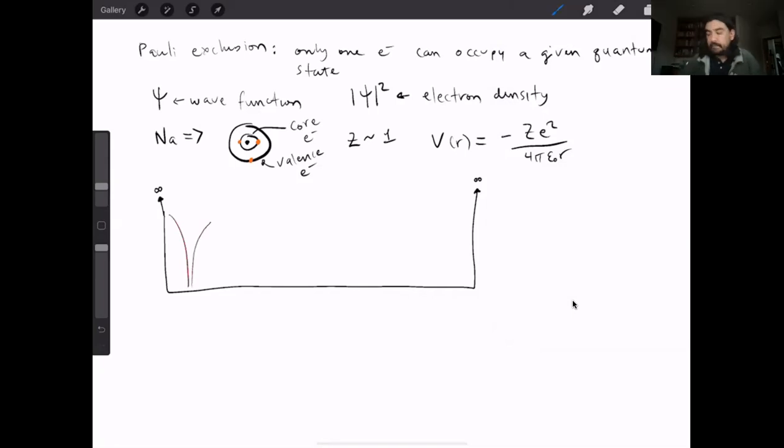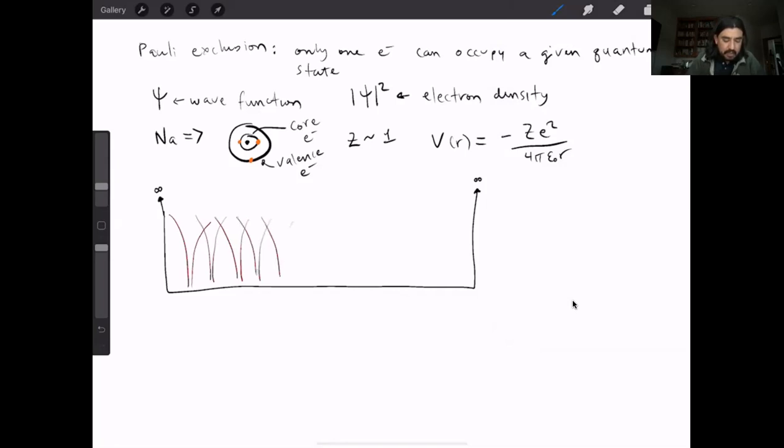Basically it goes like this. And then you have that the ions behave like all of them. Each of these guys would correspond to having the core electrons and the ions of the system, and you would have something that looks like this.